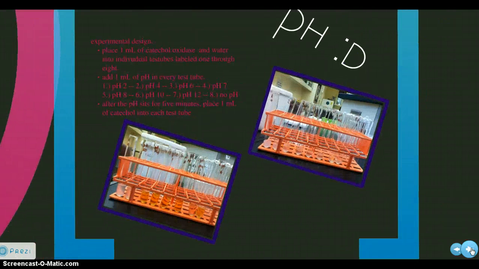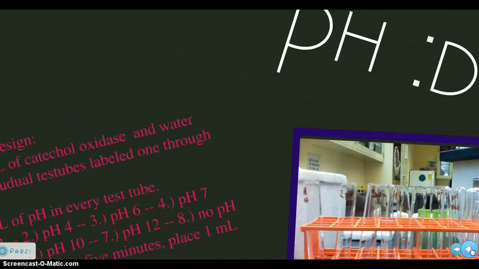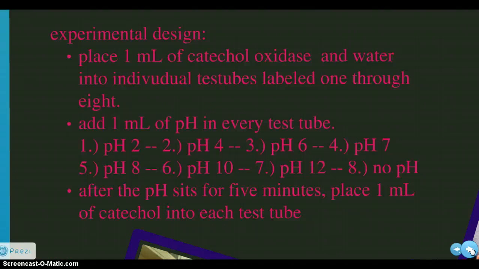Now, our second portion of the experiment was our pH. What is a prime pH for the enzyme? Our experimental design started off the same way. Place 1 ml of catechol oxidase and 1 ml of water into individual test tubes, labeled 1 through 8, and then we add 1 ml of each pH to each test tube.